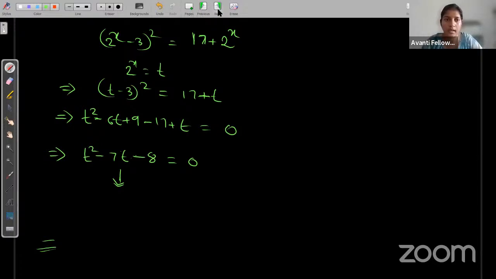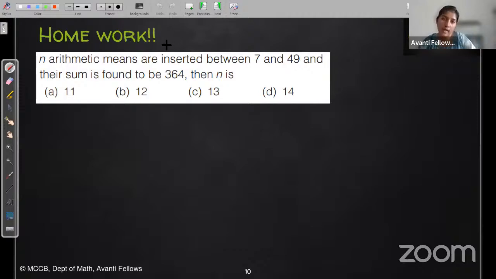Next is one more example. This example I leave for homework. What does this example state? It states that n arithmetic means are inserted between 7 and 49 and the sum is found to be 364. Then n is? There are two terms, 7 and 49, and n arithmetic means are inserted between these two terms, A1, A2, and so on up to An.